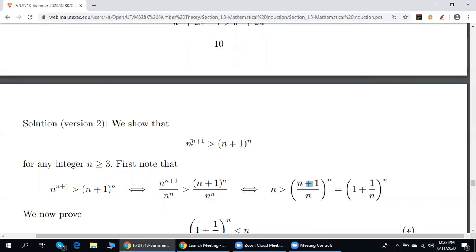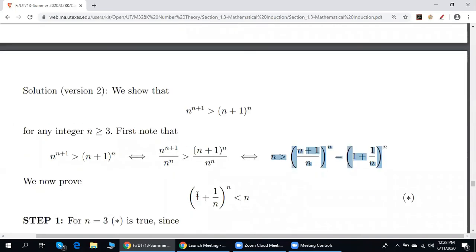So let us rewrite this as this. It's exactly what we have here. And now it turns out that it is significantly easier to prove this by math induction than this.